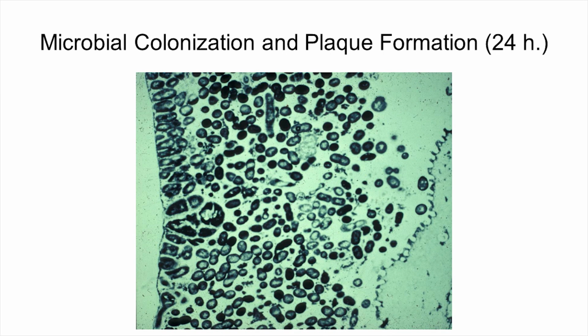Within 24 hours, though, you can see that there is a much thicker zone of organisms, and there's a hierarchical distribution of the organisms. On the left-hand side, those organisms that are adsorbed to the tooth are oriented in a parallel direction, parallel with one another, in a more organized way.